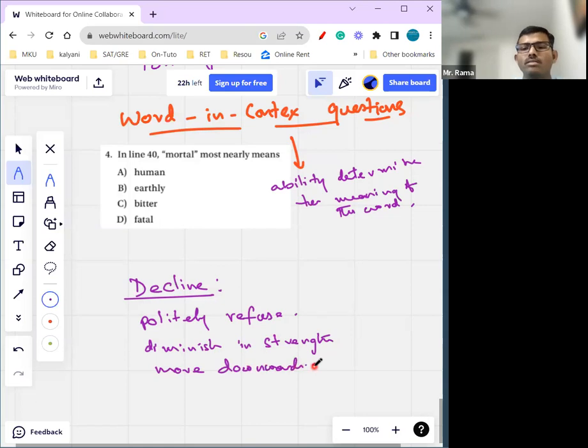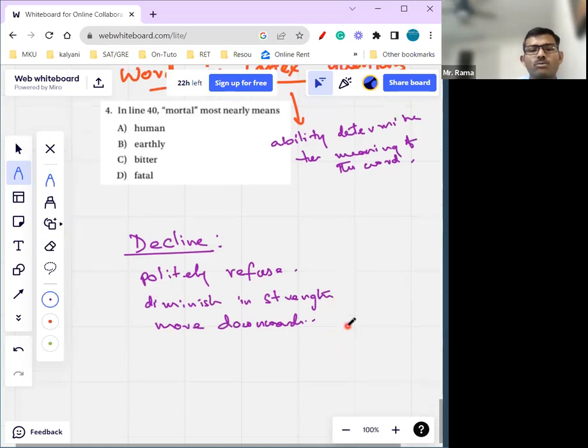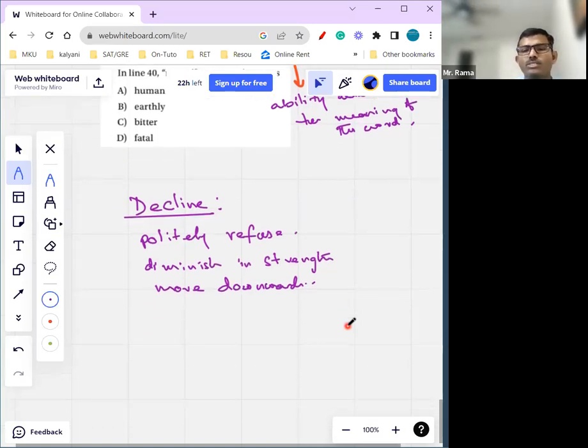So all these are different meanings, isn't it? I see a lot of meanings for decline, but which one is the correct answer? It's always a word in context. You always choose the answer depending on the context. What context are we talking about?